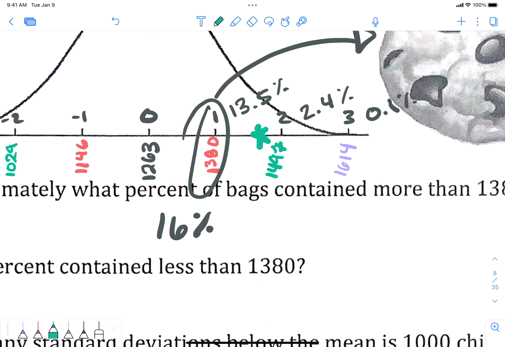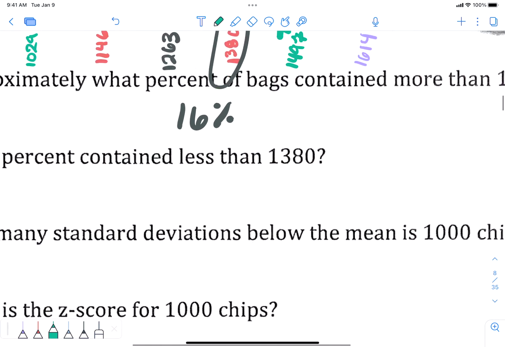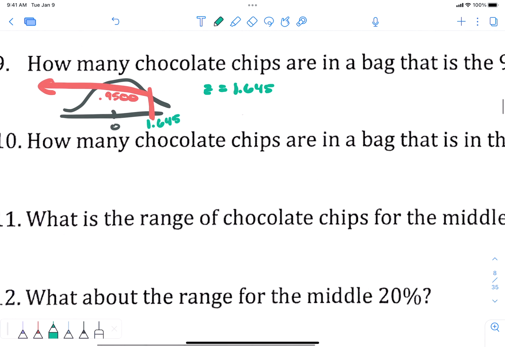Well, how do I figure out what that translates into? She's doing it in her head. I use the formula. Okay, so z is equal to x minus x bar divided by the standard deviation, right?